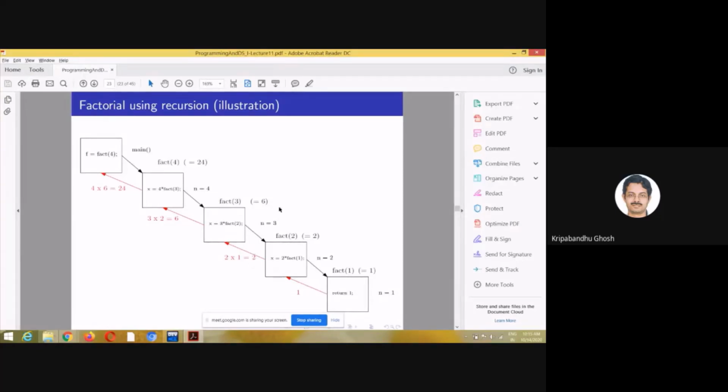So here the size of input is basically subdivided using other versions of the same function. But here the subdivision was restricted to one such instance, one basically new instance with a smaller value of n.